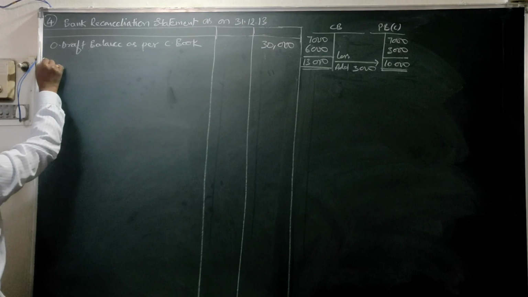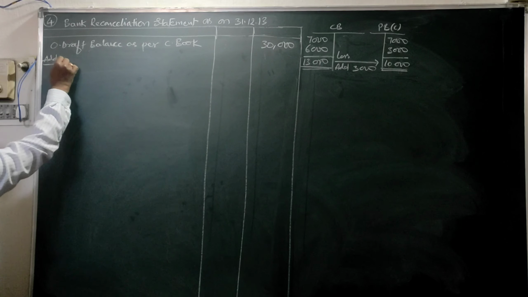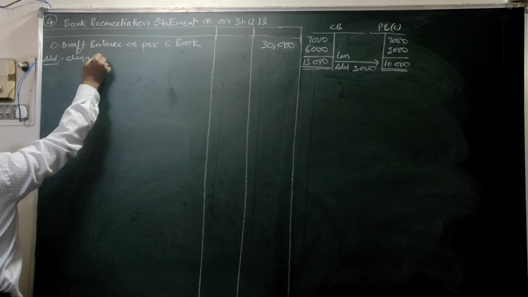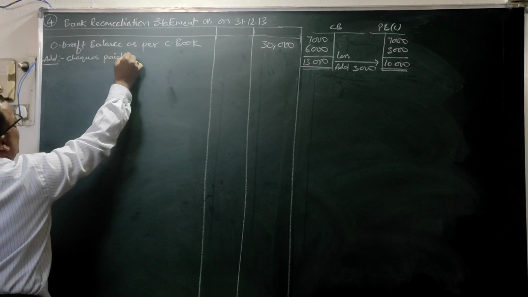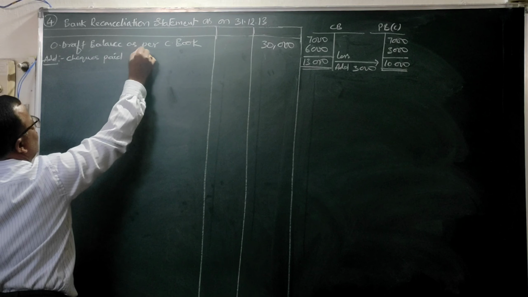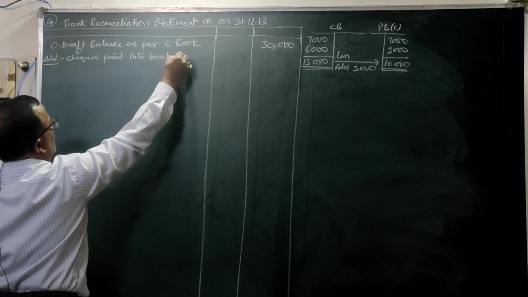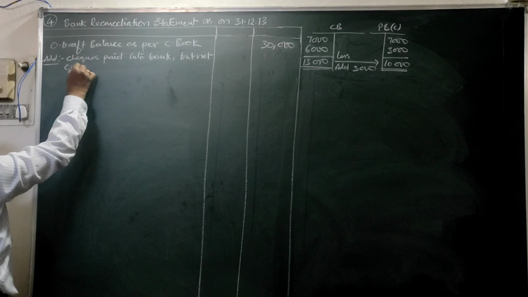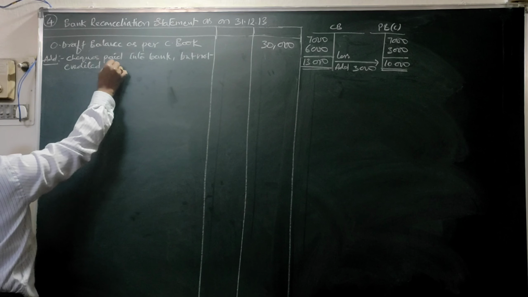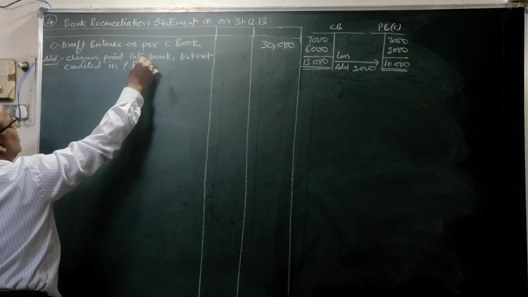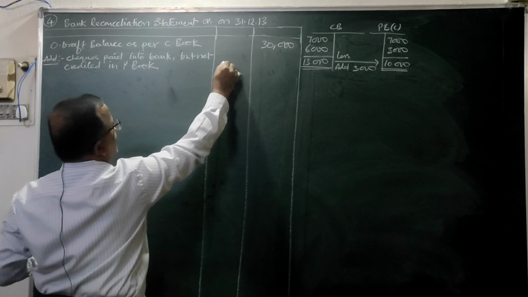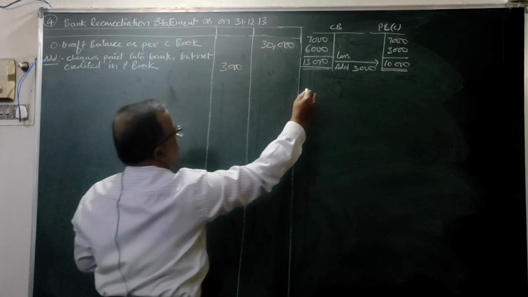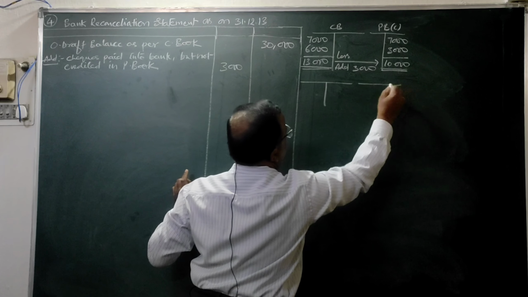So below the add item we are going to write: checks paid into bank but not credited in passbook, 3,000. See the next working note.